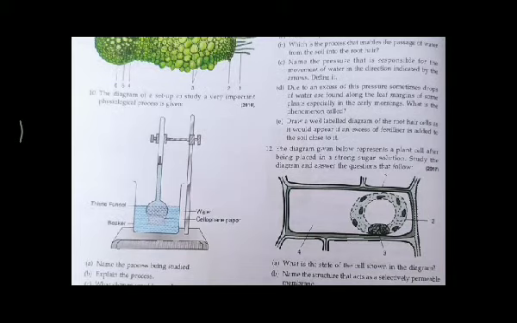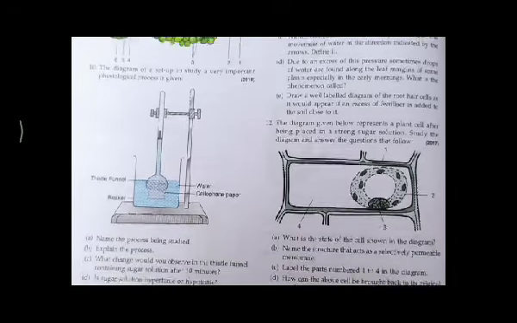Now you can see there is another picture given in your book. That is representing a stand in which a thistle funnel is present. In the thistle funnel there is a sugar solution and this thistle funnel is covered by cellophane paper, and the beaker around the thistle funnel is filled with water.